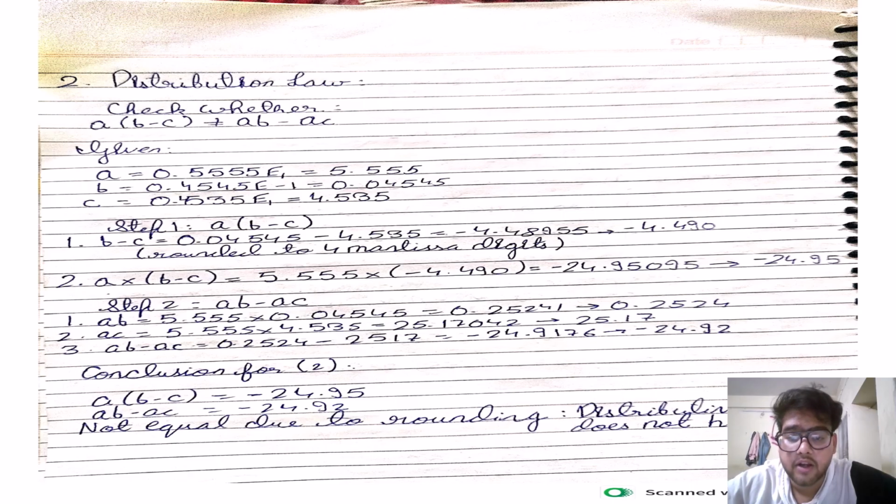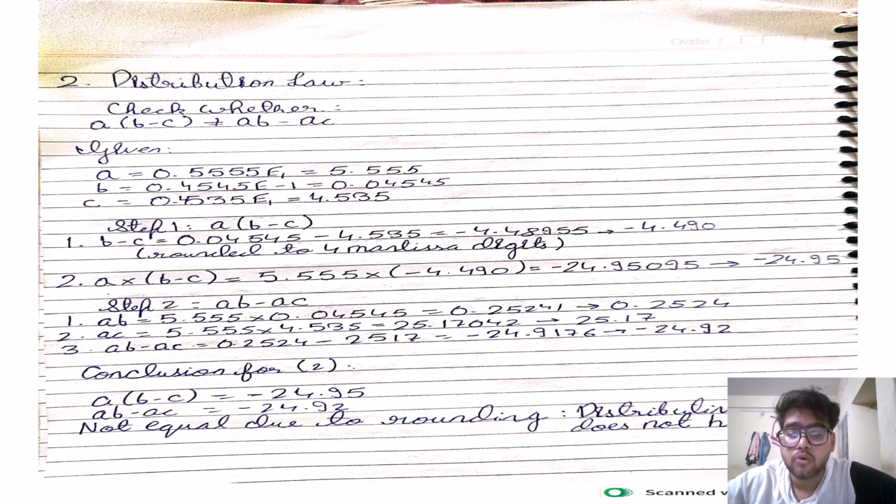So in step 1, we will multiply a with (b minus c). For it, we have to calculate b minus c, and after calculating it, we will round it off to 4 mantissa digits, and then we will multiply the rounded value with the value of a, and we are getting the value minus 24.95.